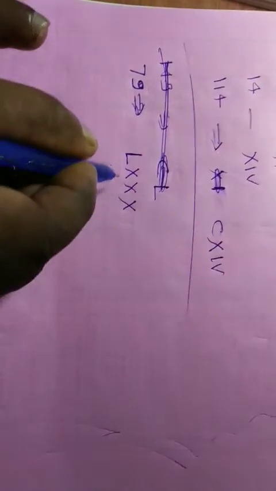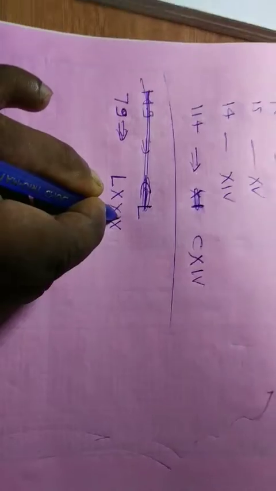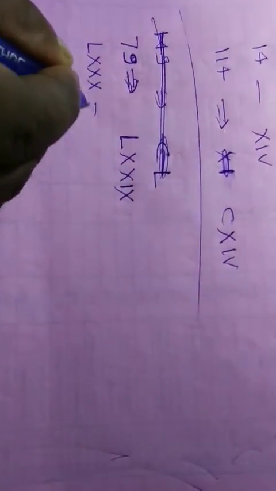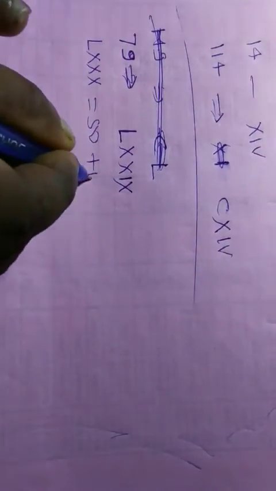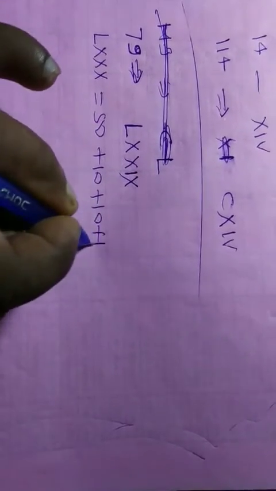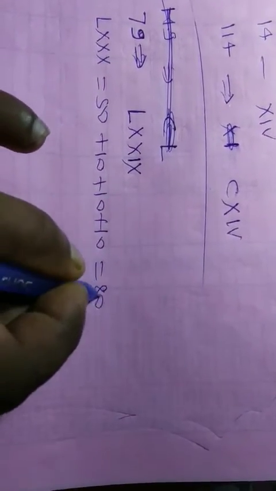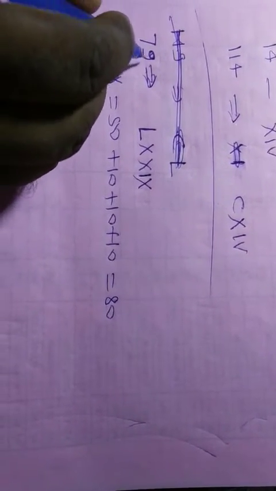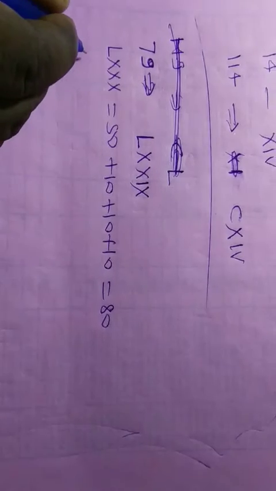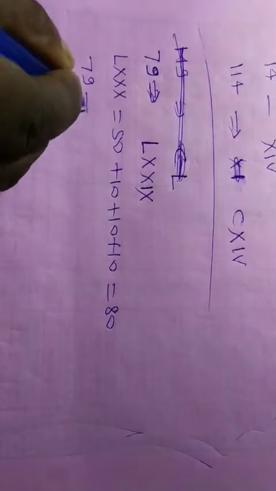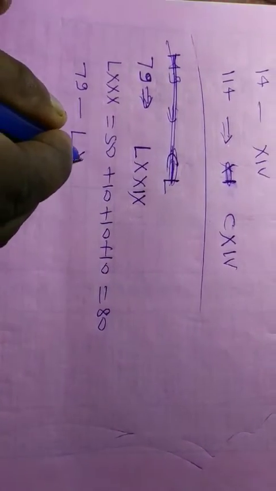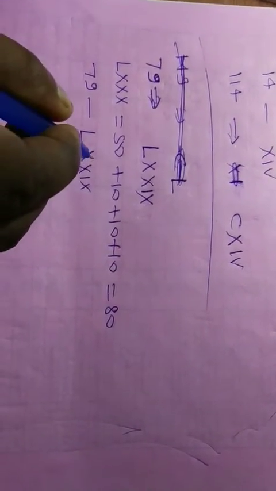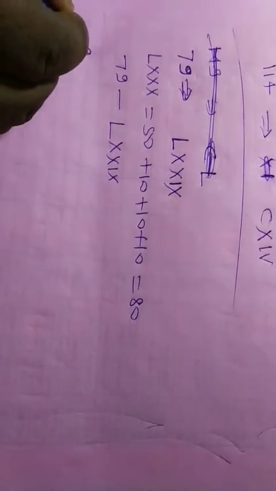It is just after the last X, because LXXX stands for 50 plus 10 plus 10 plus 10, that is 80. But you want to write 79, so we use LXXIX.